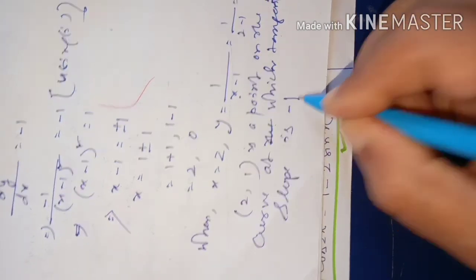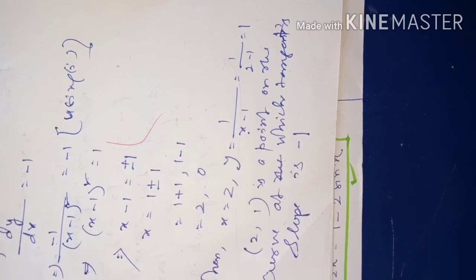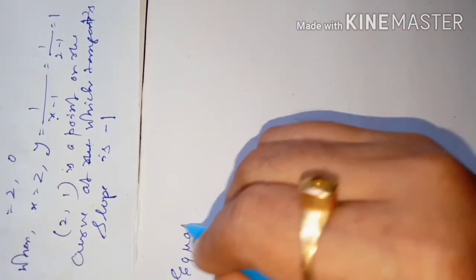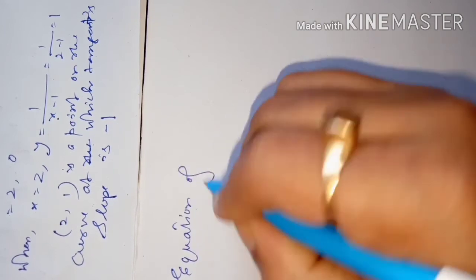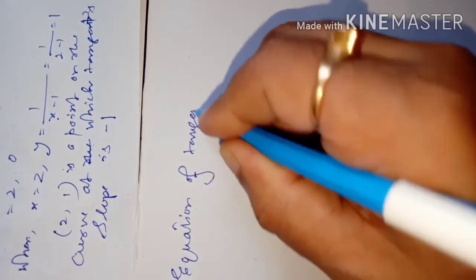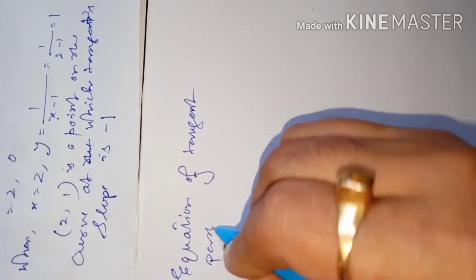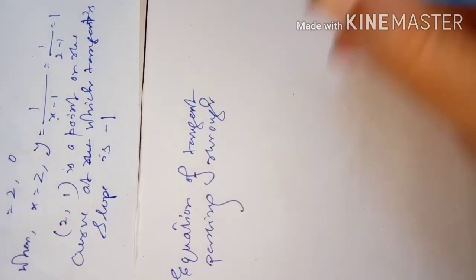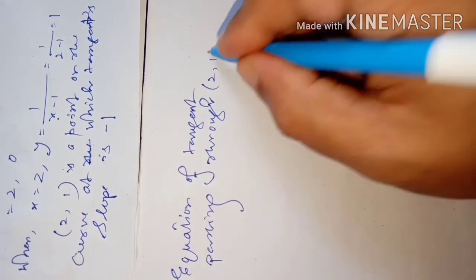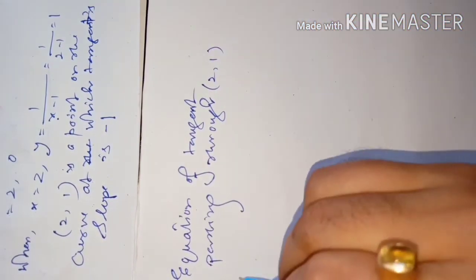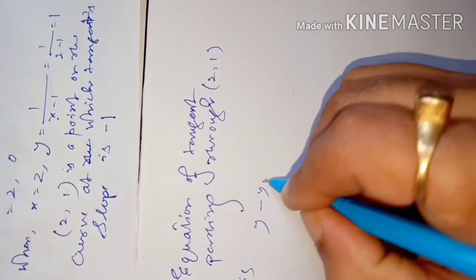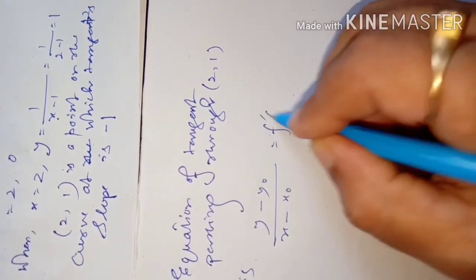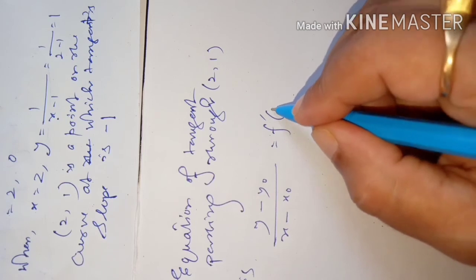So the equation of the tangent passing through (2, 1) is y minus y naught divided by x minus x naught is equal to f dash x naught.